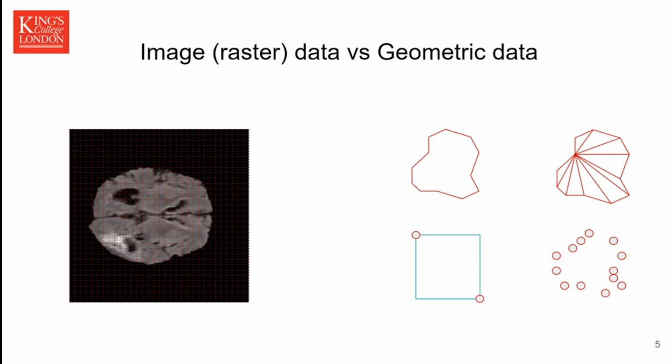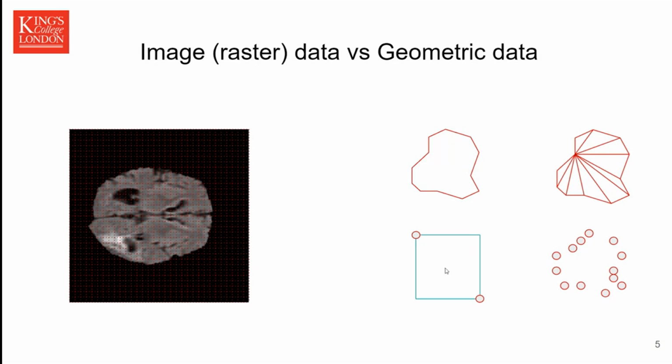So if we go from top left to bottom right, we have polylines here where the points are just connected in a sequence, and this can be a closed or open shape. We have here an example of a mesh. This is what we'd call a triangle fan mesh, where the points are then indexed by a series of polygon indices to indicate which polygons they're part of.